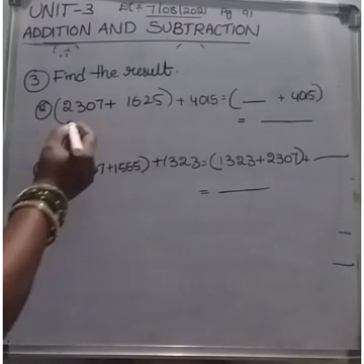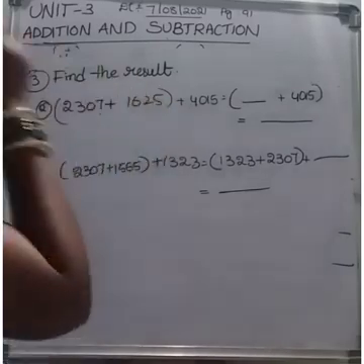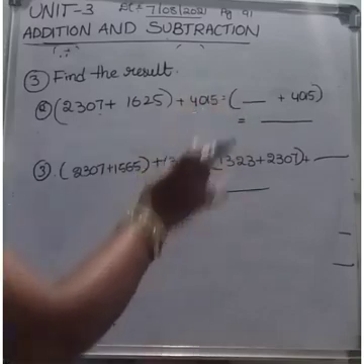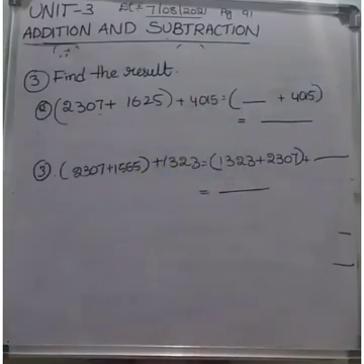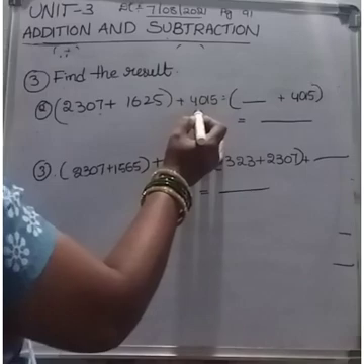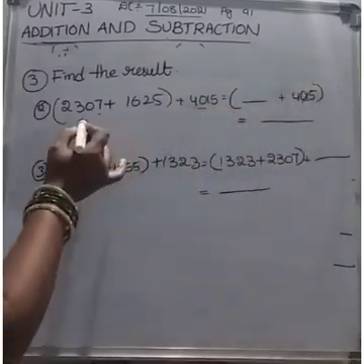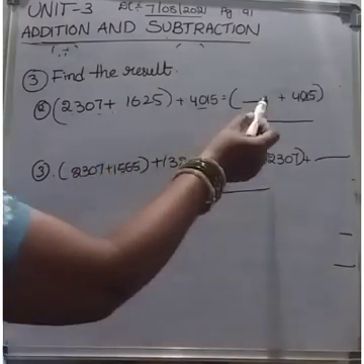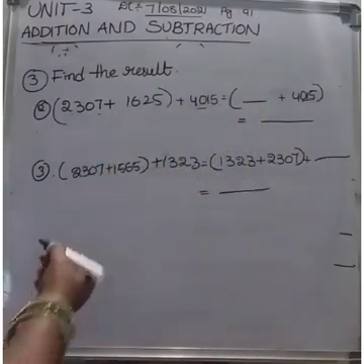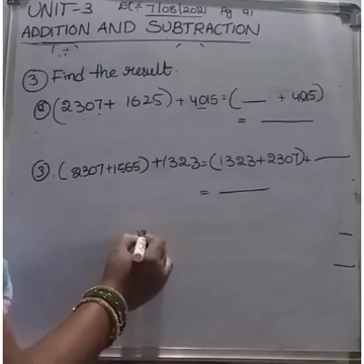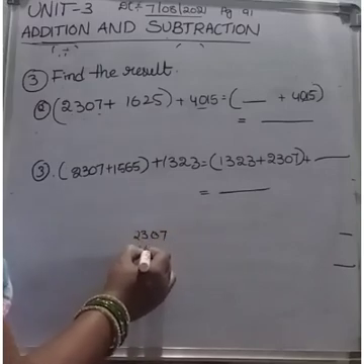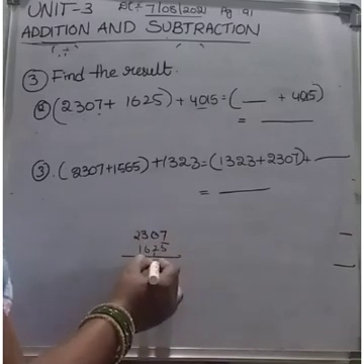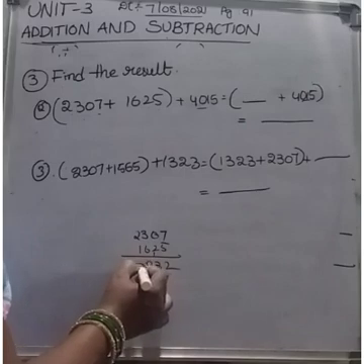Okay, this next. Here, second one. 2307 plus 1625, these two in one bracket. Next, 4015 is the another number. When we add these two numbers, what total do we get here in this blank? 2307 plus 1625: 7 plus 5 is 12, 3 9 3.